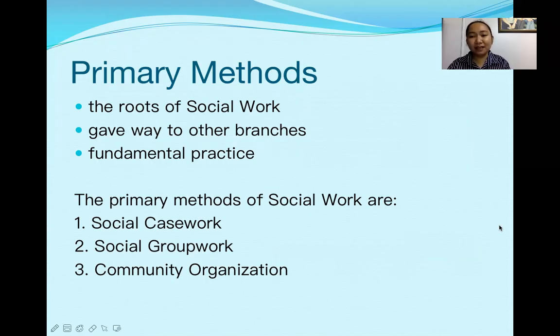It is fundamental because if we want to master other types of strategies and methods in social work, you have to first be familiar with the different techniques and strategies in primary methods. So these are the social casework, social group work, and community organization.